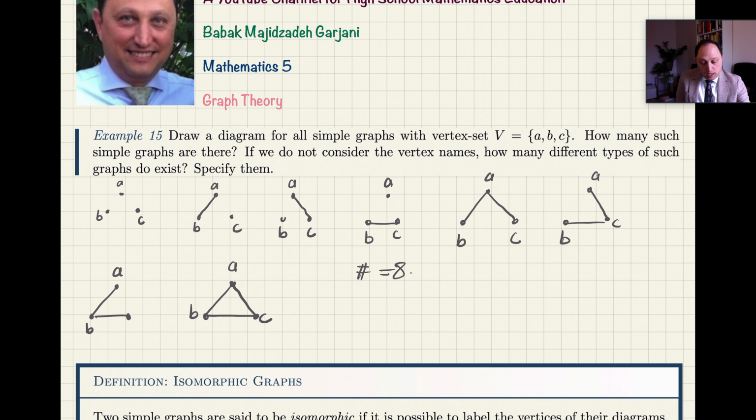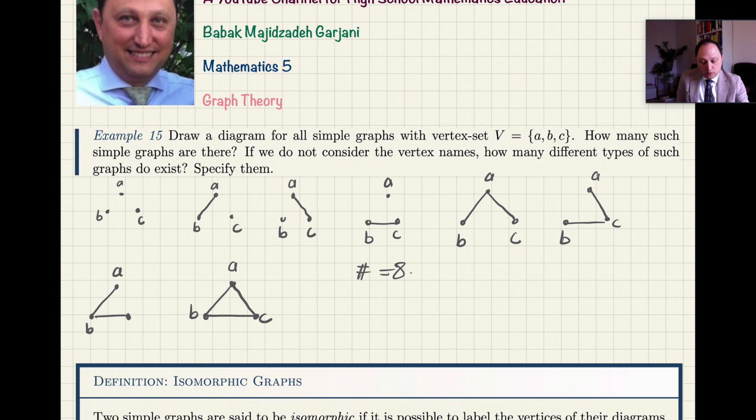But now I want you to think about this. Let us remove all the labels. If I remove all the labels, how many graphs do you think will be left? How many different types of graphs do we have? Four. Yeah, it is 4, exactly.